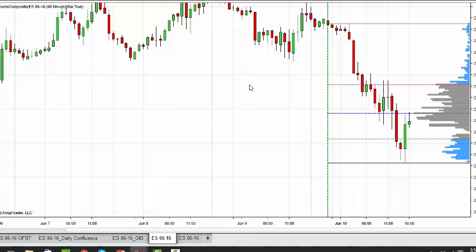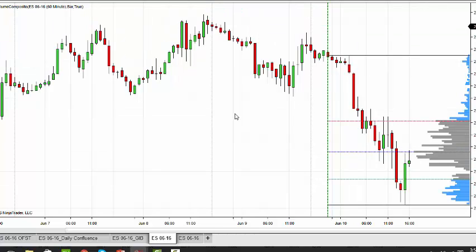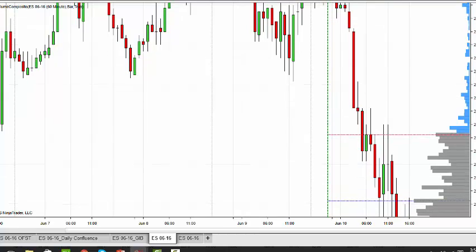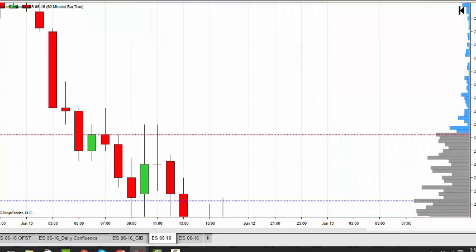So I've already got my look at what volume looks like at price, and I can zero in on this. Now, I'm interested in areas where price is being rejected, so where there's a low volume node. So I'm going to zoom in here, and I'm going to look at this area up here.